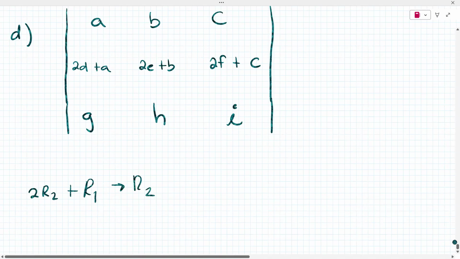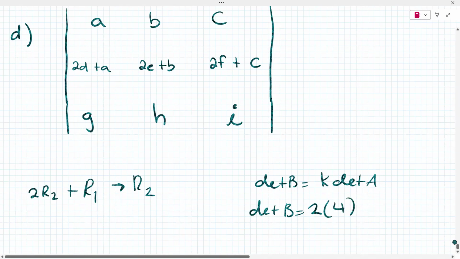So we have a scalar and 2 times row 2, but our final output is row 2, so it does change. Did you scale the row that was being changed? Yes. So you're going to use this rule: determinant B is equal to K times determinant of A. The scalar is 2, and the determinant of A was given, which is 4. So the determinant of B is 8.